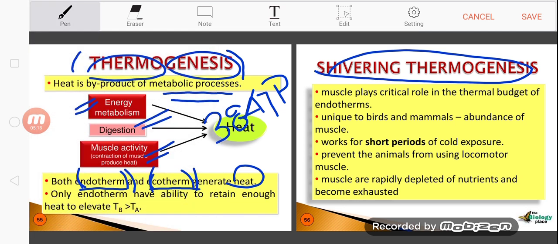I think it's simpler to imagine that you immerse yourself in a bucket of ice for about 2 or 3 minutes, and then you come out of the bucket of ice. You can feel that your hand or your body will shiver. That shivering is actually producing heat to balance back the cold exposure. Okay, so that is shivering thermogenesis.